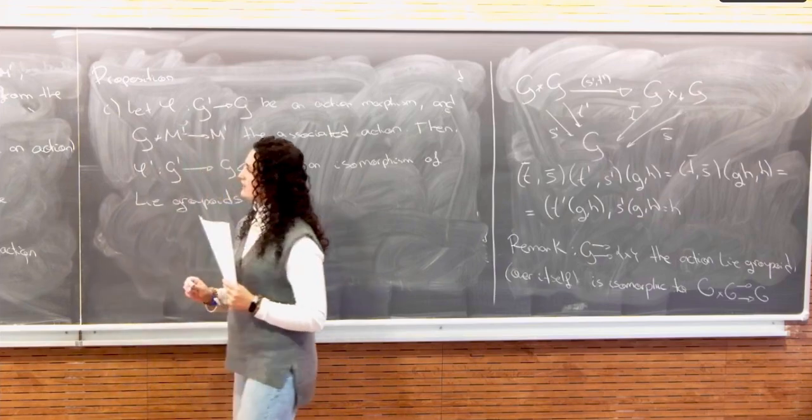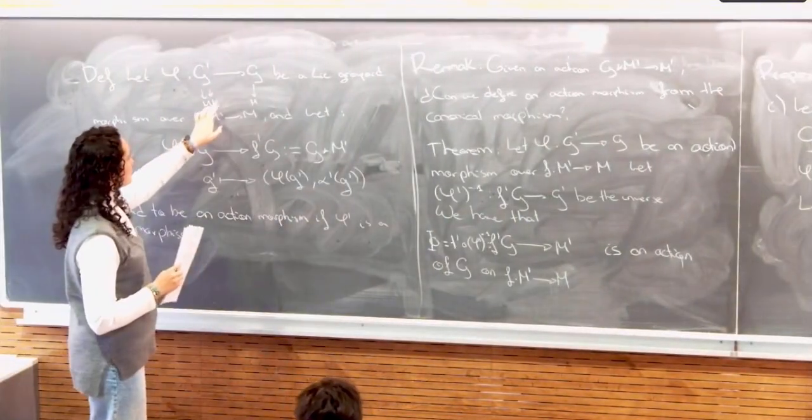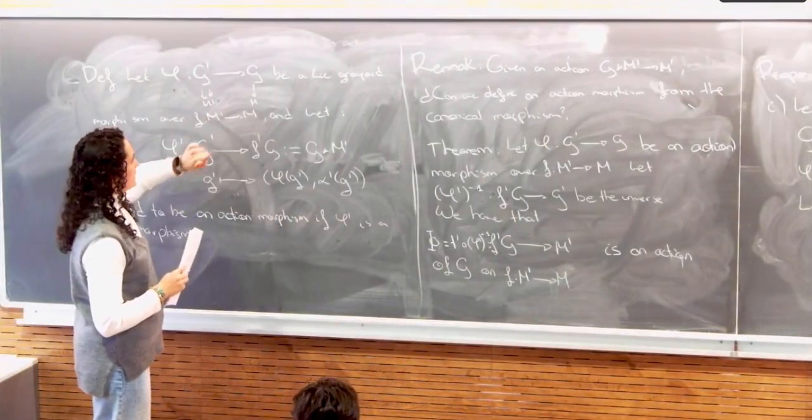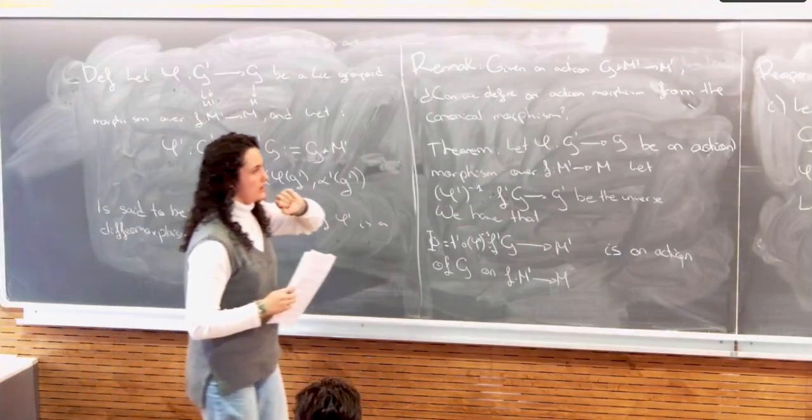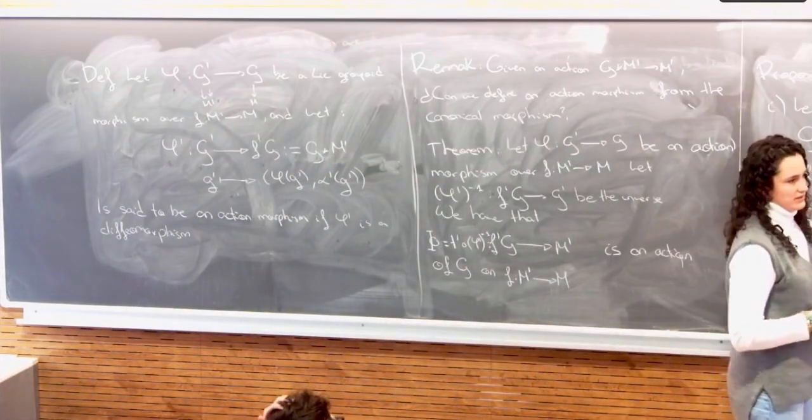So we have that the first Lie groupoid on the morphism is isomorphic to the action Lie group morphism of the action that is associated to that action morphism.